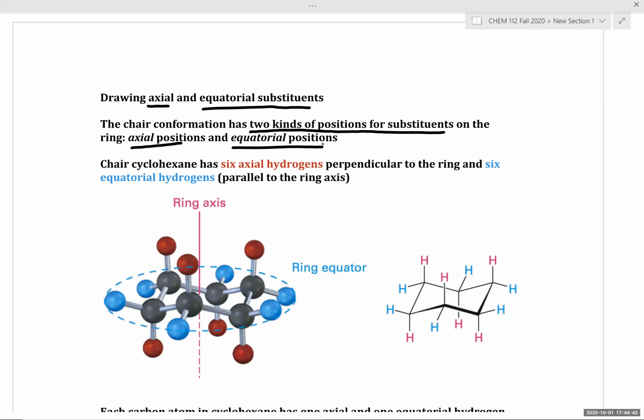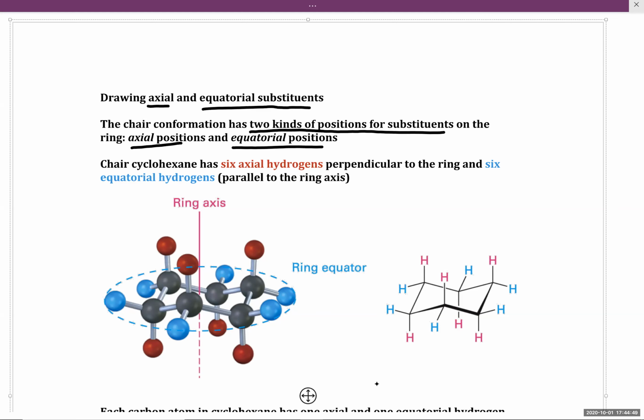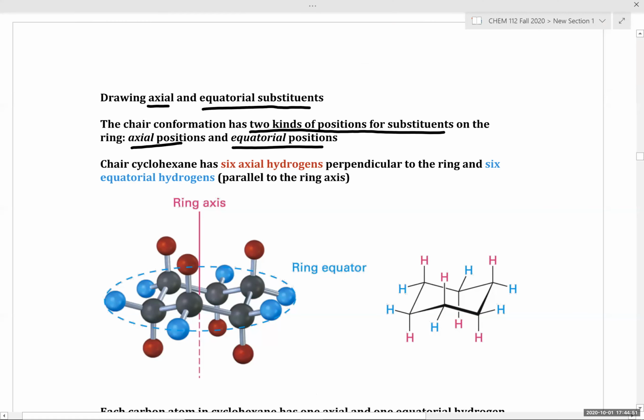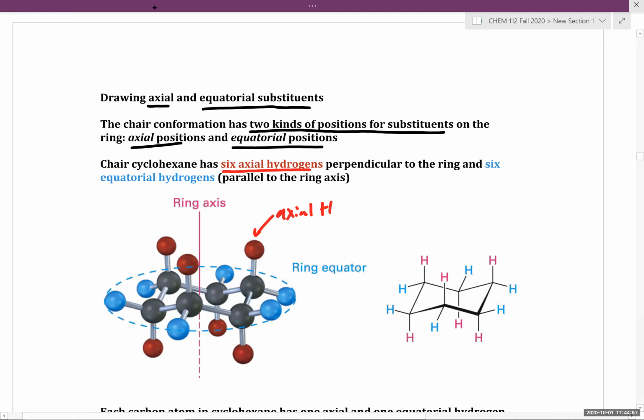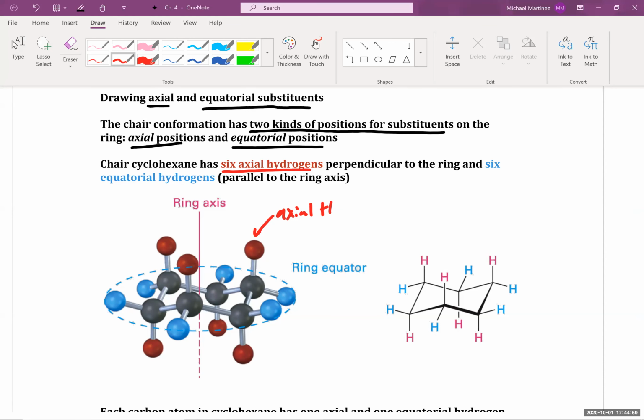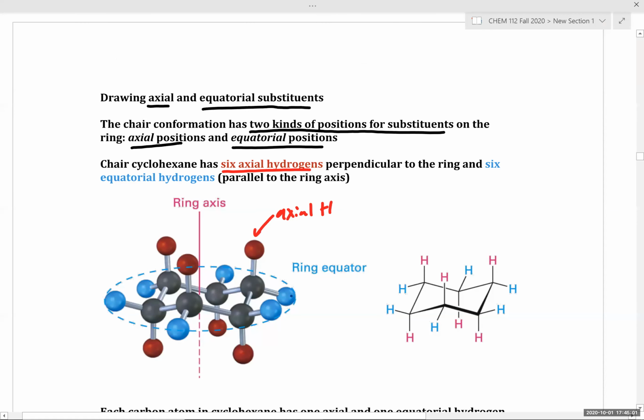As we can see, a typical chair cyclohexane has 6 axial hydrogens, shown here, that are perpendicular to the ring, and 6 equatorial hydrogens that are parallel to the ring axis.